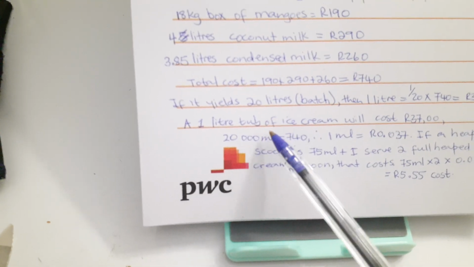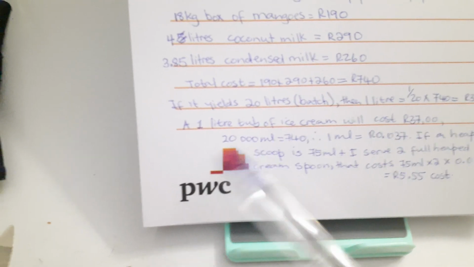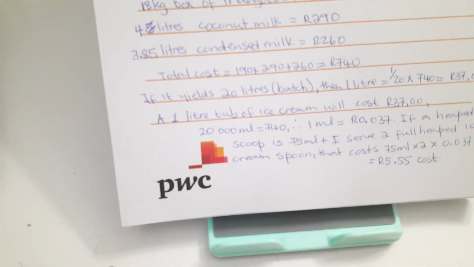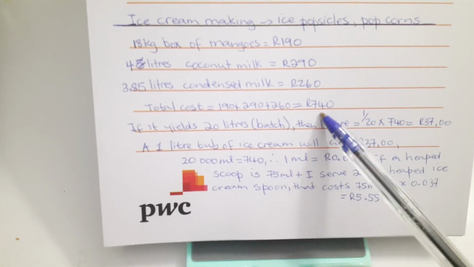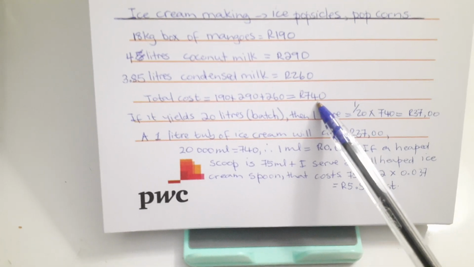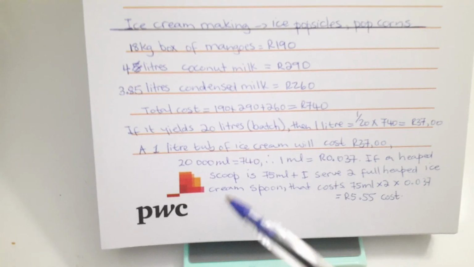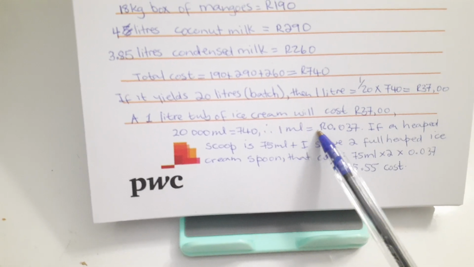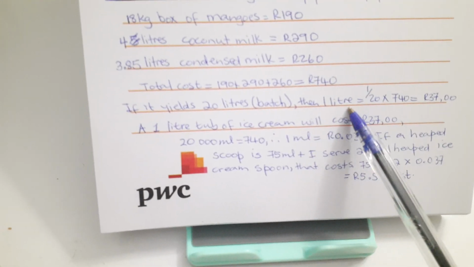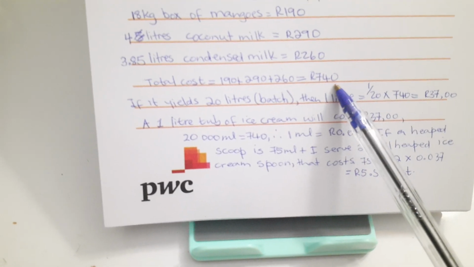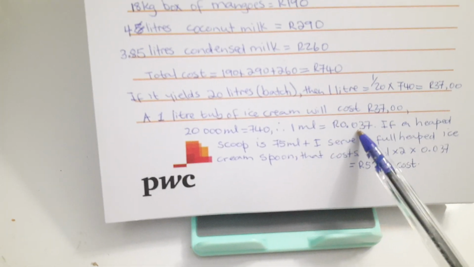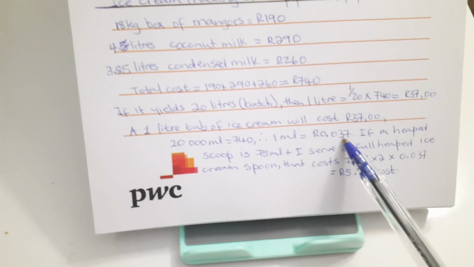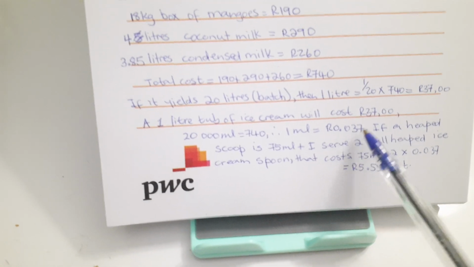Remember that 20 liters is actually 20,000 milliliters, and the cost of that 20 liters is 740 rands. So the cost of 1 milliliter of ice cream will be 740 rands divided by 20,000 milliliters, which is just under 4 cents, 0.037.